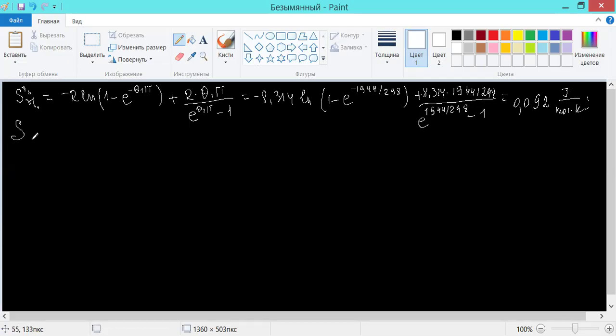Now, the vibration for nu a sub s, the same formula but with a different characteristic temperature, which is equal to 3,448.